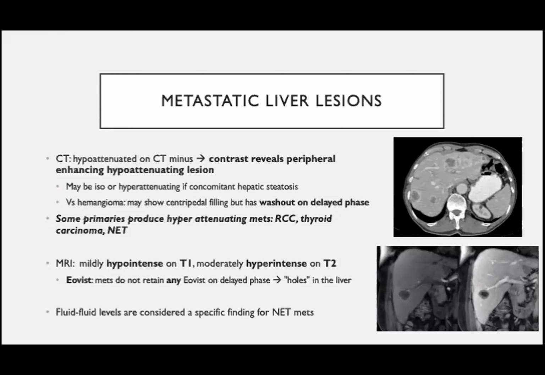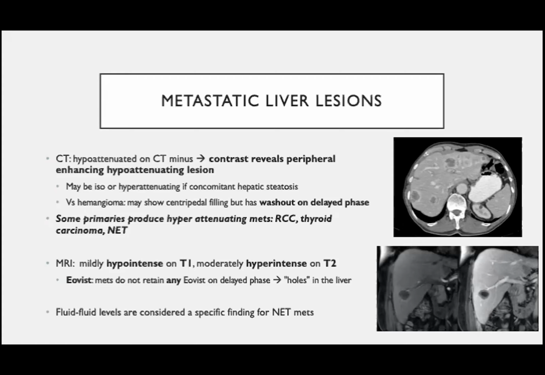Versus a hemangioma, they may show centripetal filling, but these will have washout on delayed phase. Some primaries produce hyperattenuating lesions like RCC, thyroid, and neuroendocrine tumors. I don't know if that's too relevant, but just an interesting fact.